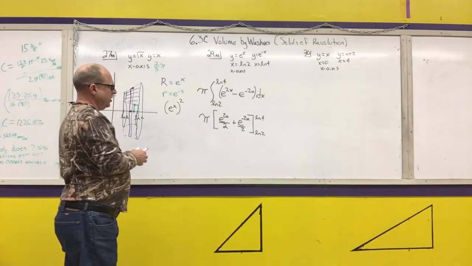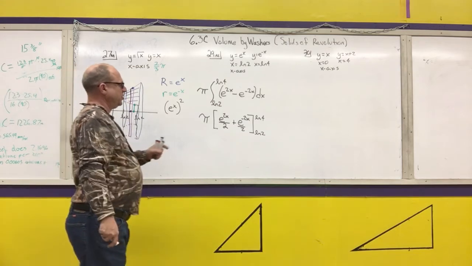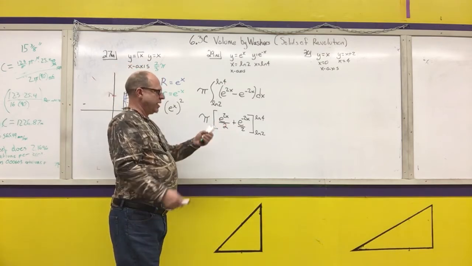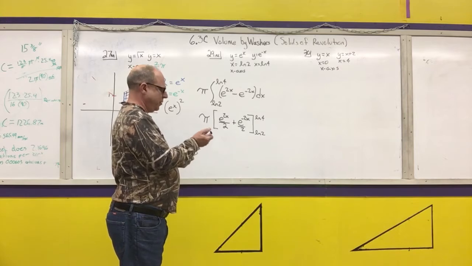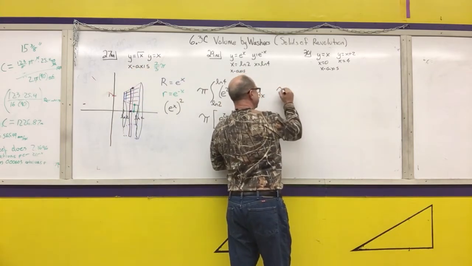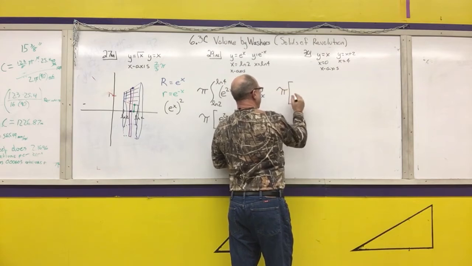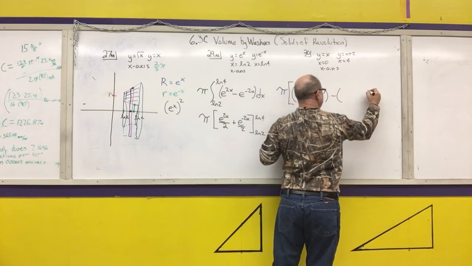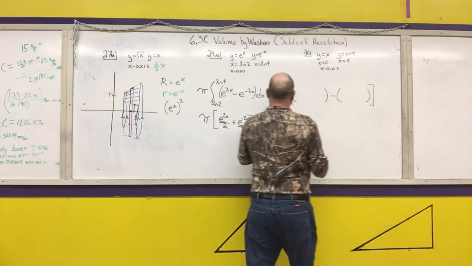To do the evaluation, I'm going to evaluate at the upper limit, evaluate at the lower limit, subtract the lower from the upper. So pi comes along for the ride. Upper limit minus lower limit, evaluated.